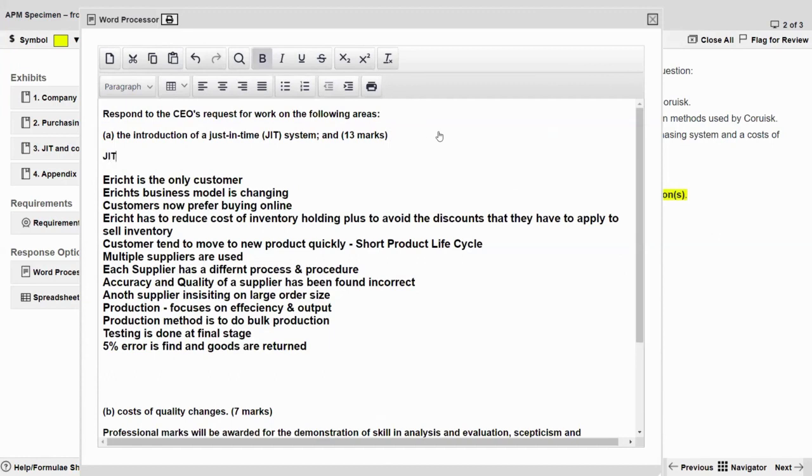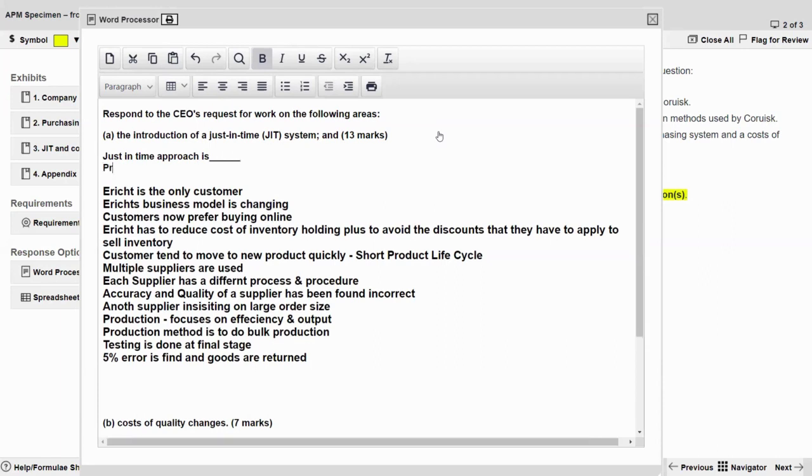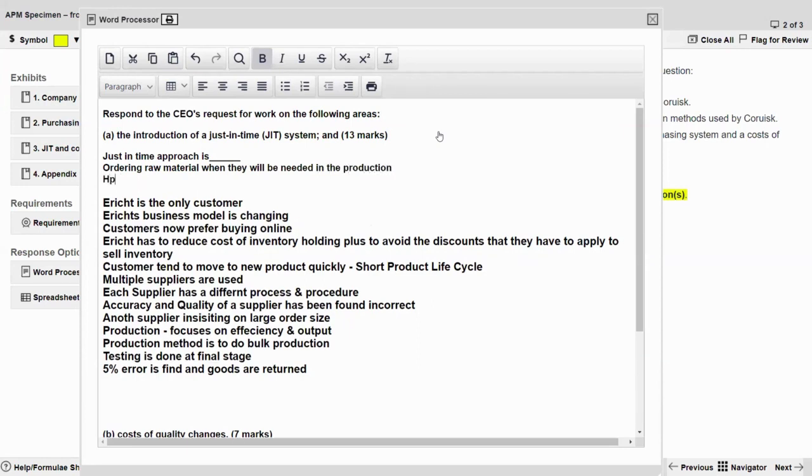I would initially explain what a just-in-time approach is. Just-in-time approach is basically ordering raw material when it will be needed in the production. Goods are produced when a demand is there.